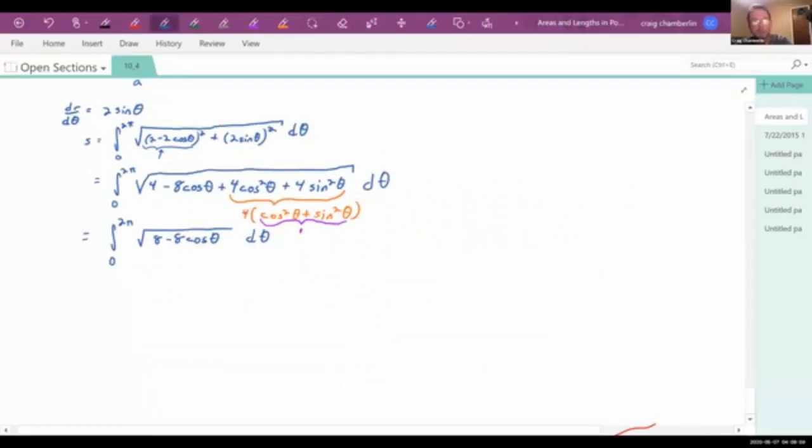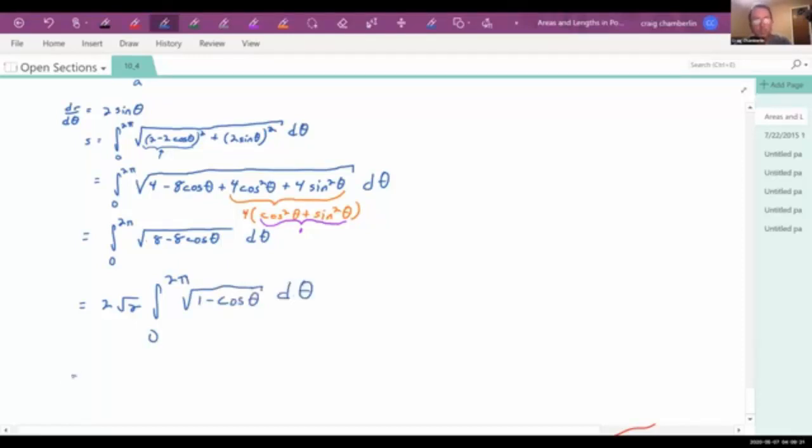So underneath the radical, I can pull out an 8 and get 1 minus cosine theta left. I can make it 2 separate radicals, square root of 8, but that's 2 rad 2. So I'm going to pull that out front: square root of 8, integral 0 to 2 pi, and that leaves me with just the square root of 1 minus cosine theta, d theta.